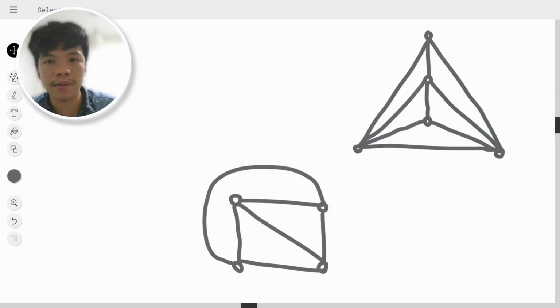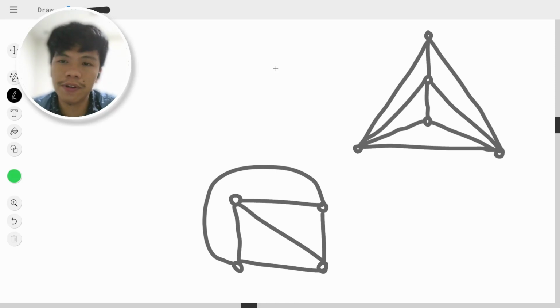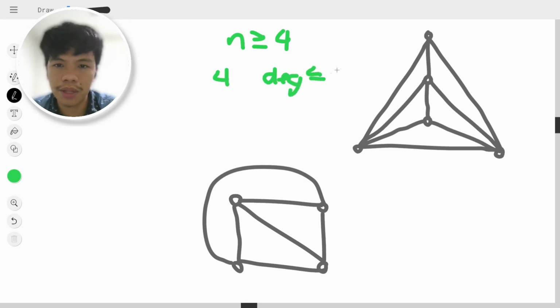So let us take the same example as we had last time, and also we'll add another one. In our first graph, let us check if it satisfies this: if n is greater than or equal to 4, then at least four vertices have degrees less than or equal to 5.